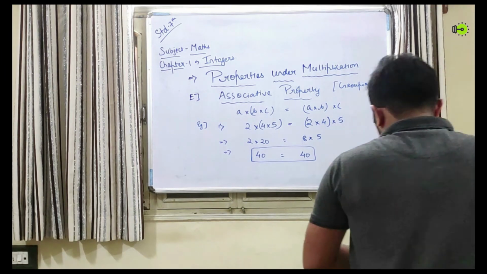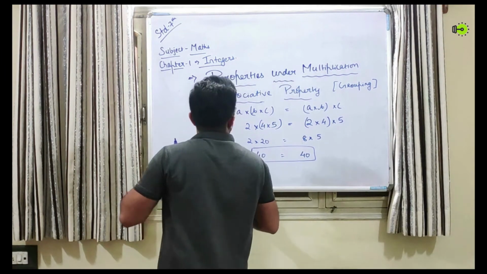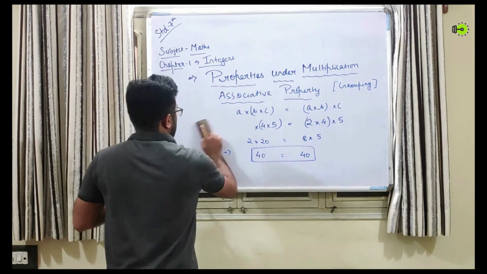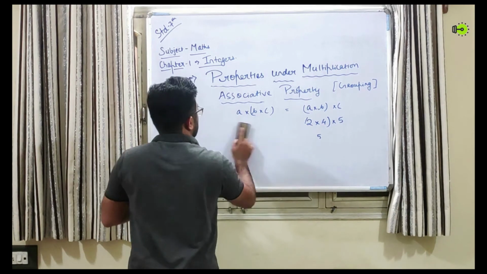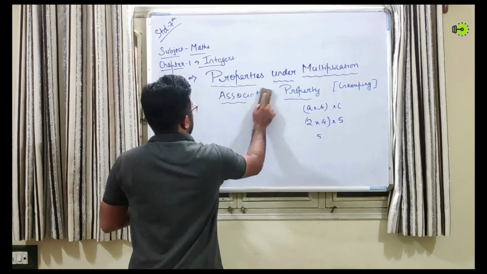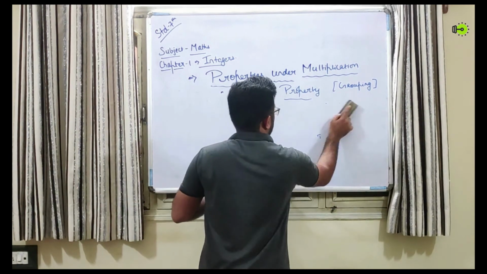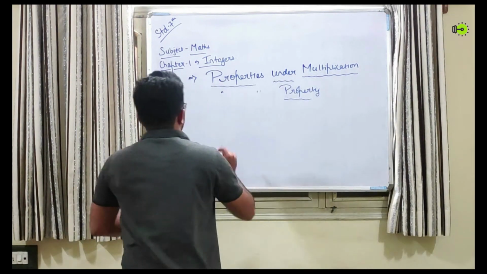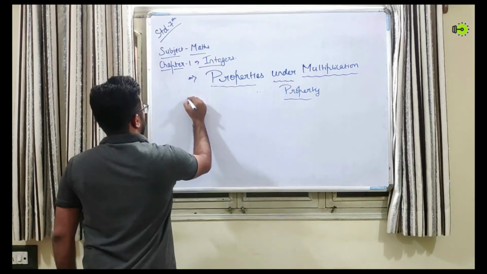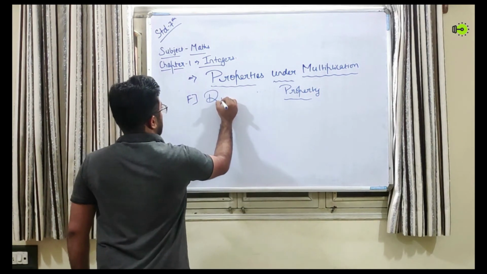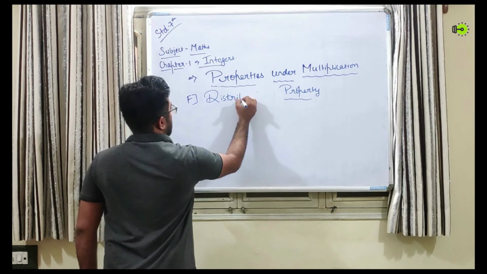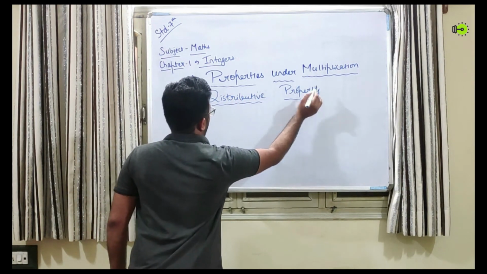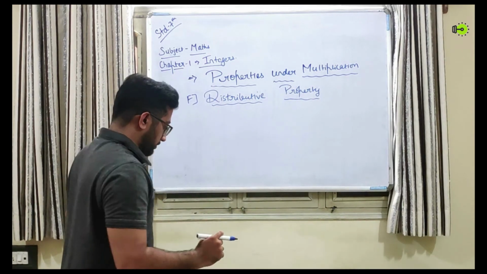Now the new property discussed for multiplication of integers is the distributive property. Okay, distributive property under multiplication of integers.